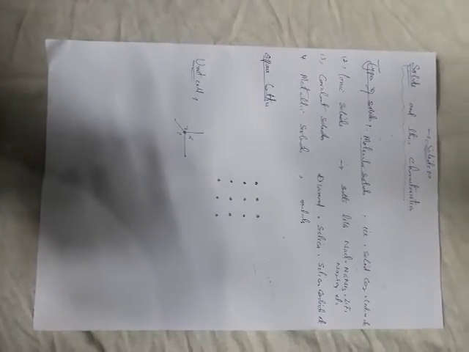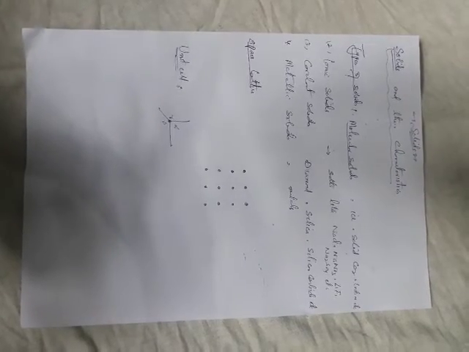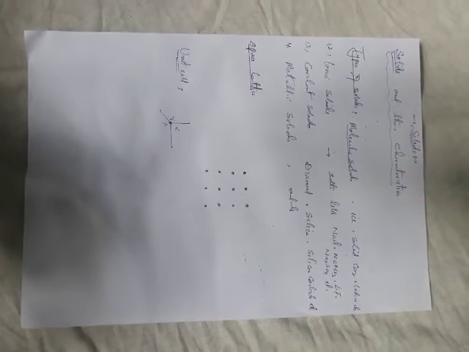The melting point depends upon the nature of the solids, and melting points vary widely. For example, iron has a melting point of 1870 Kelvin. Similarly, sodium chloride has a melting point of 1075 Kelvin.